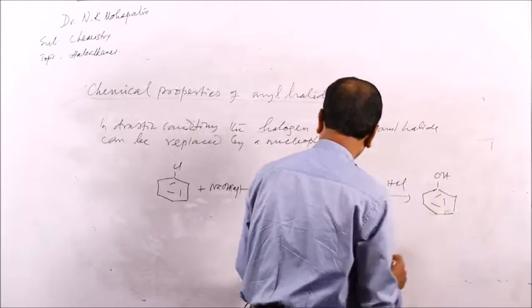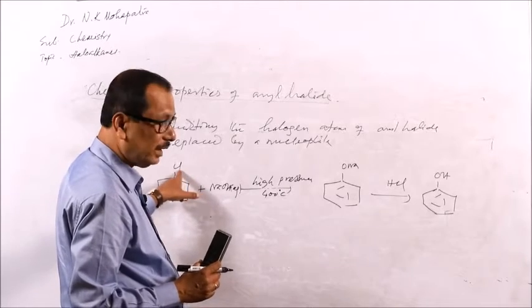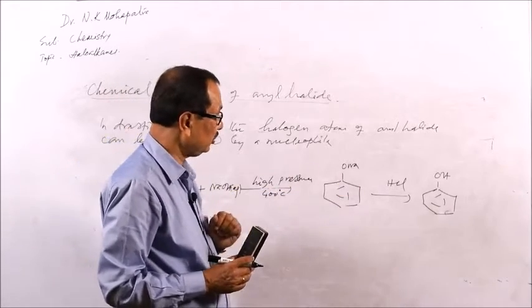Now you see, the OH group here is a nucleophile. That nucleophile is replacing this halogen atom under high condition.